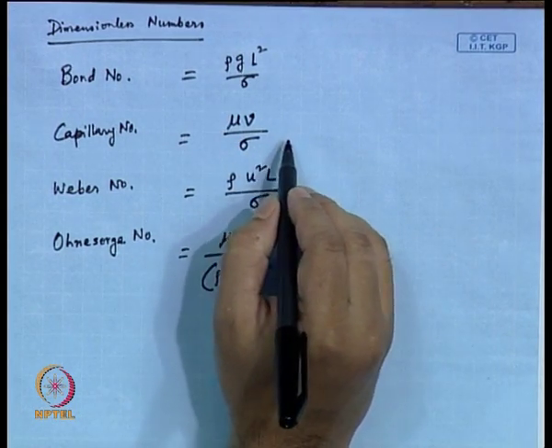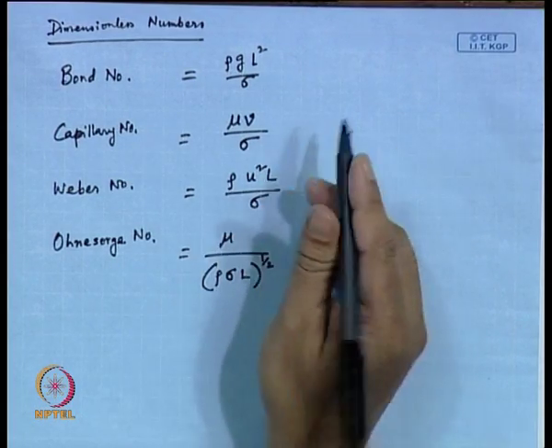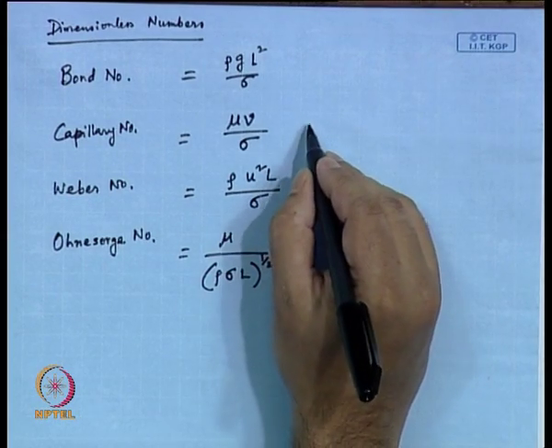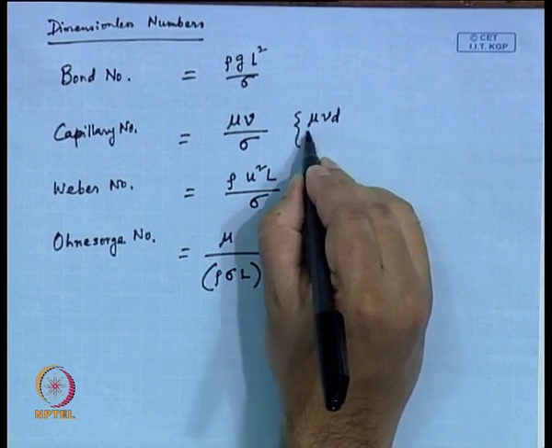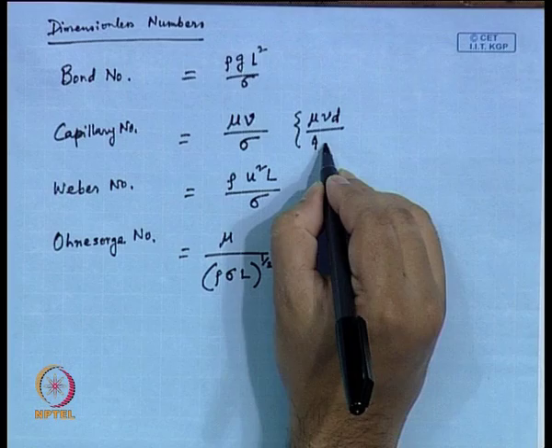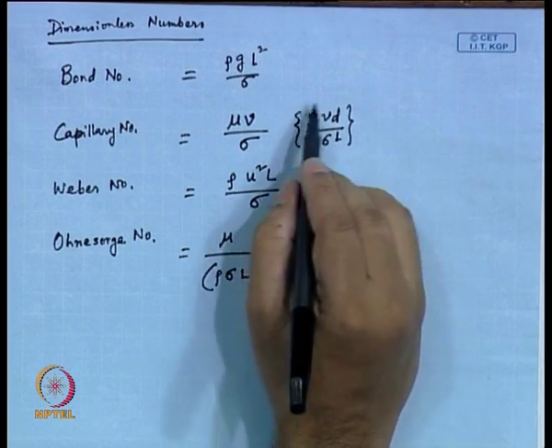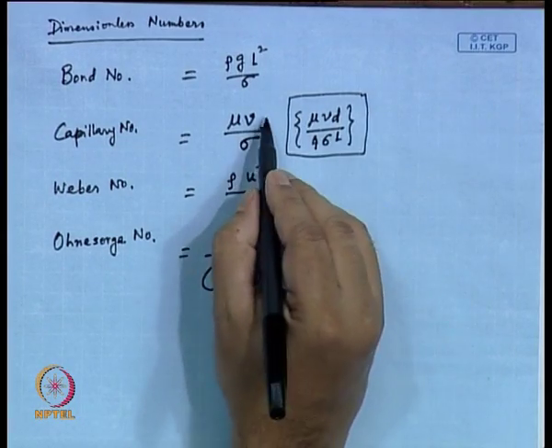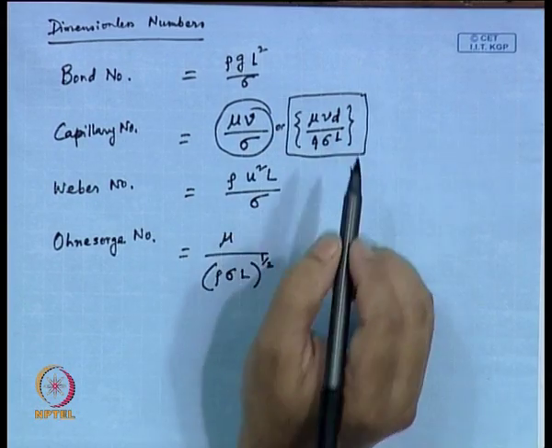The alternative definition of capillary number would be mu v d divided by 4 sigma L. This is a different definition. This is not a product. This is one definition, or this can be another definition.